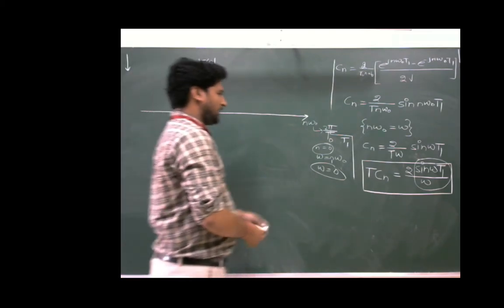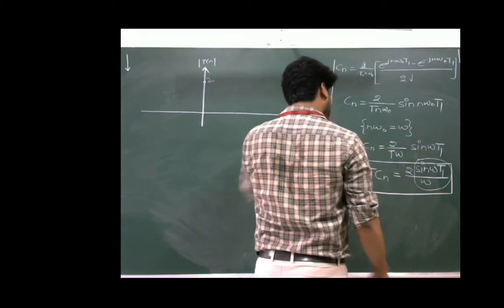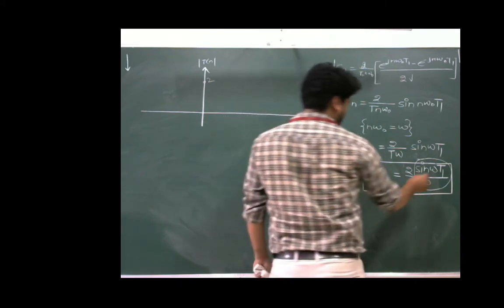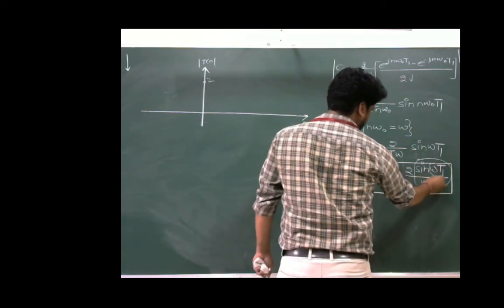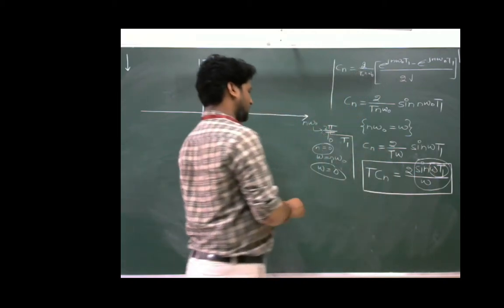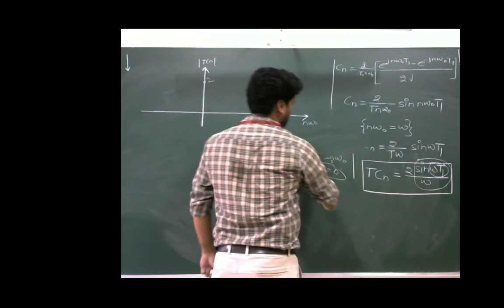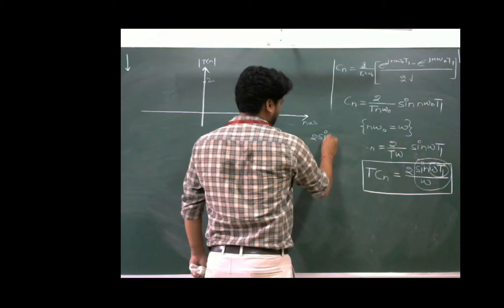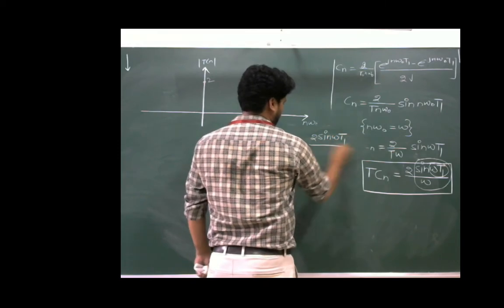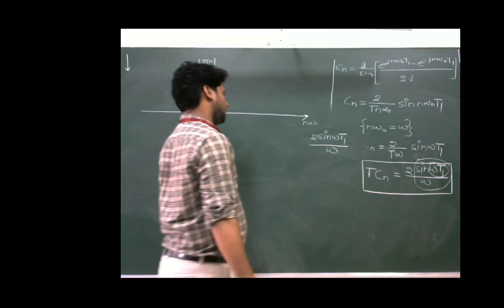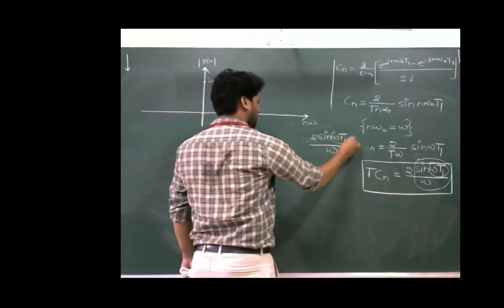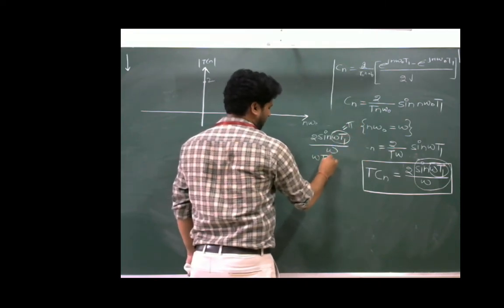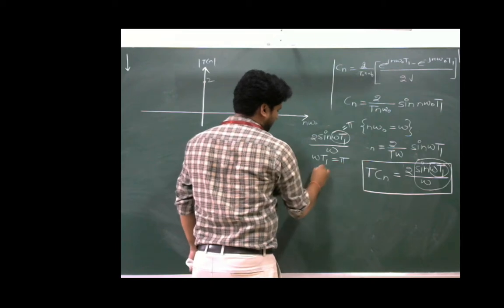And when will we get the first 0? We get the first 0 when this argument, in 2 sine omega t1 upon omega, becomes equal to pi. If omega t1 is equal to pi, then what will be the value of omega?